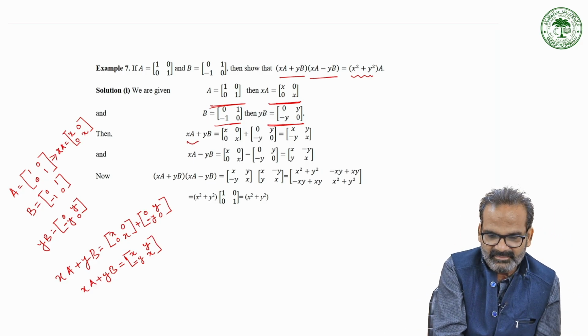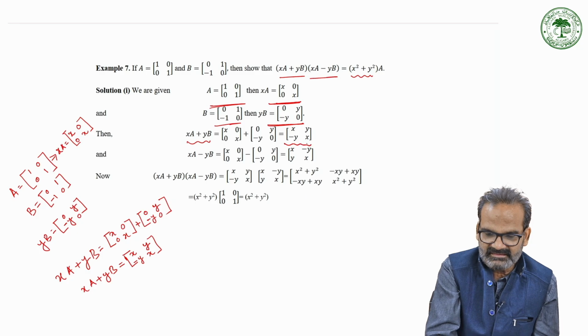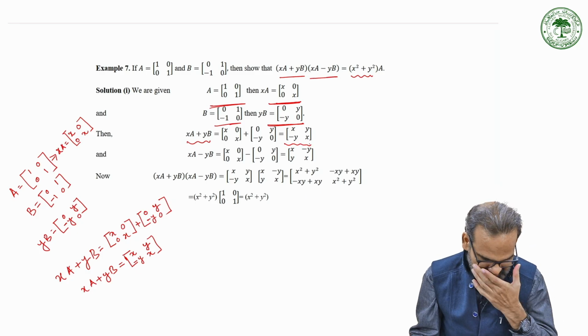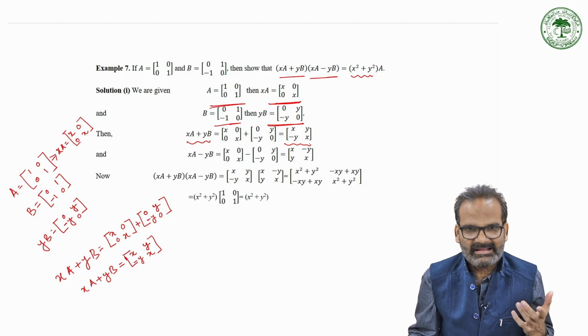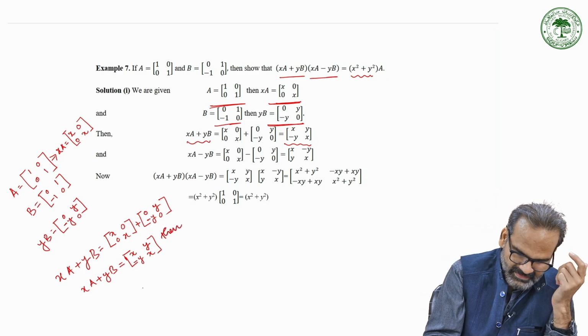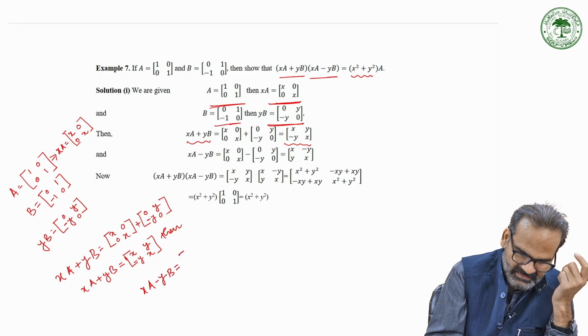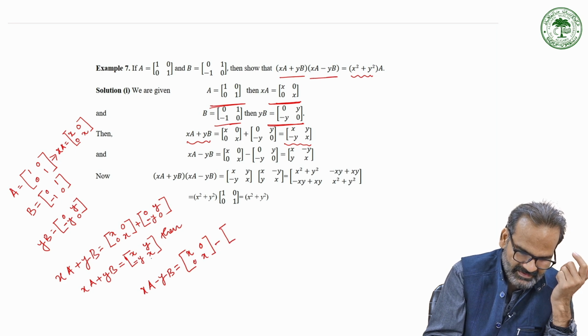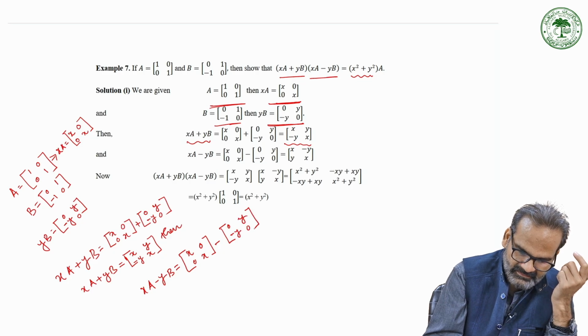See, XA plus YB is coming out to be this matrix, [x, y; -y, x]. So naturally, if we calculated XA plus YB, then what is the value of XA minus YB, means difference of these two? As usual, that is [x, 0; 0, x] minus what is YB? [0, y; -y, 0]. So this is XA minus YB, this is equal to what?